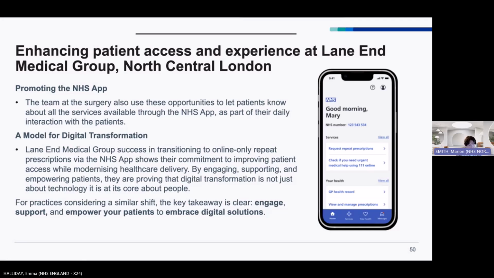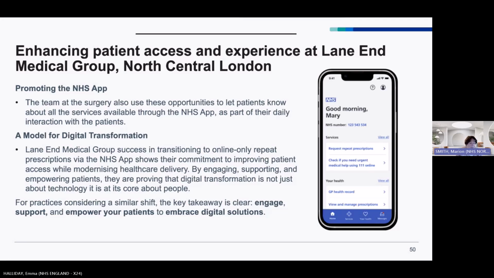So I want to say a big well done to our digital champion, Manisha, colleagues and the team at Lane End Medical Group, providing patient-centered digital care through transforming repeat prescriptions to online at their practice. And for practices considering a similar shift, the key takeaway from this story is that it's about engaging, supporting and empowering our patients to embrace digital solutions.